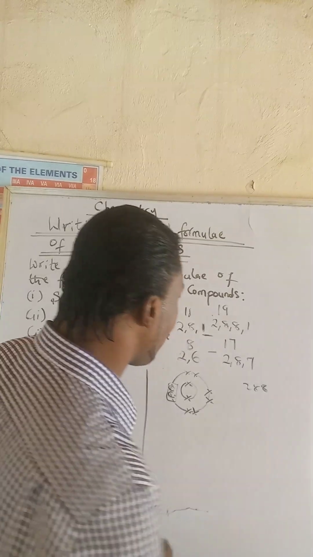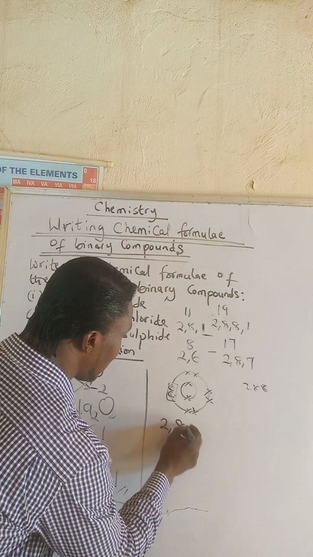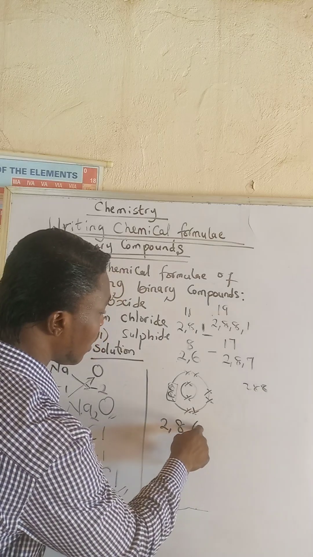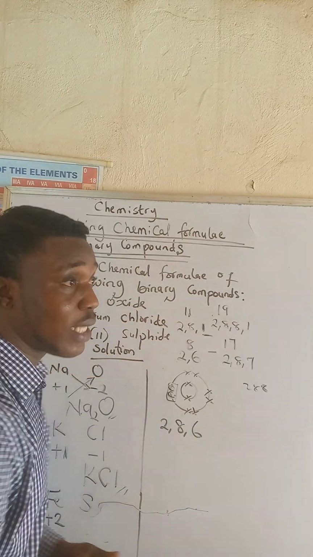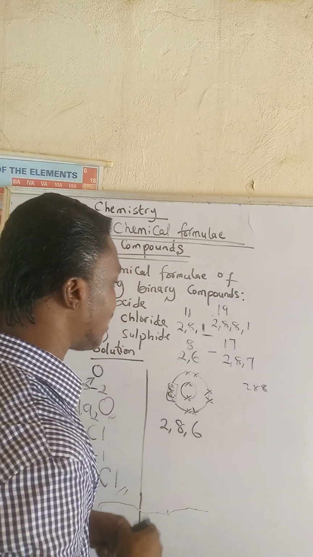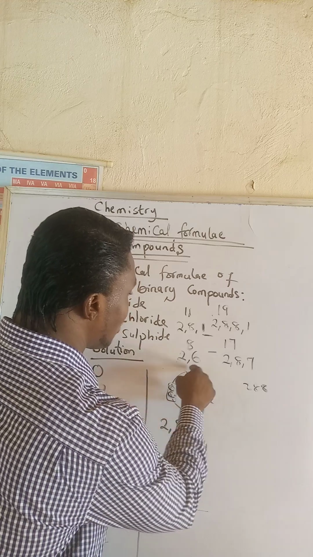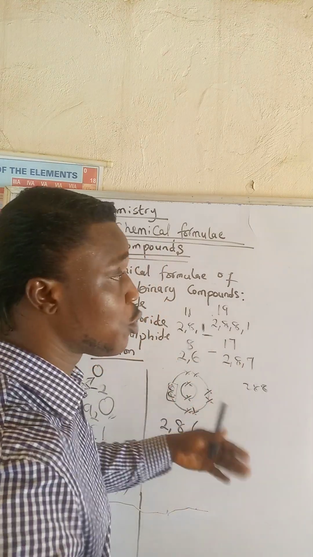Sulfur has an atomic number of 16. The configuration becomes 2, 8, 6. What does this show us? It means that it will be receiving 2 extra electrons to acquire the octet electronic structure. Octet electronic structure means having 8 electrons in the outermost shell. And don't forget that the electrons in the outermost shell are also referred to as valence electrons.